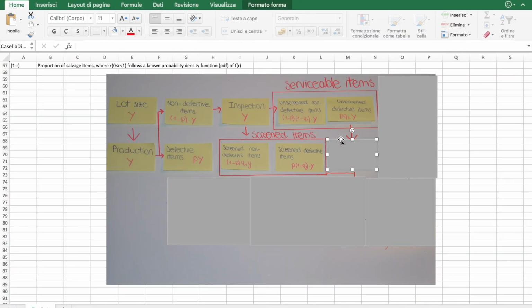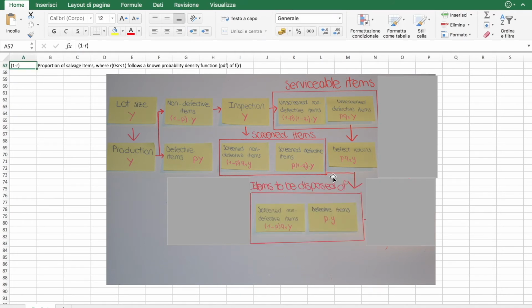Those customers who bought defective products will detect quality problems and return them, showing quality dissatisfaction. In handling those screened and returned items, the manufacturer can use two disposition alternatives: rework and salvage.